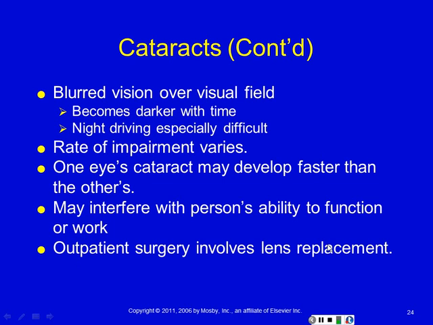Now, amazingly, I think cataract surgery is outpatient, and they go in and they take the old opaque lens out, and they take a new lens that's been created in the lab, and they put it in. So literally, it's a lens replacement. The old one comes out, the new one goes in. And what's interesting is, let's say you are myopic.